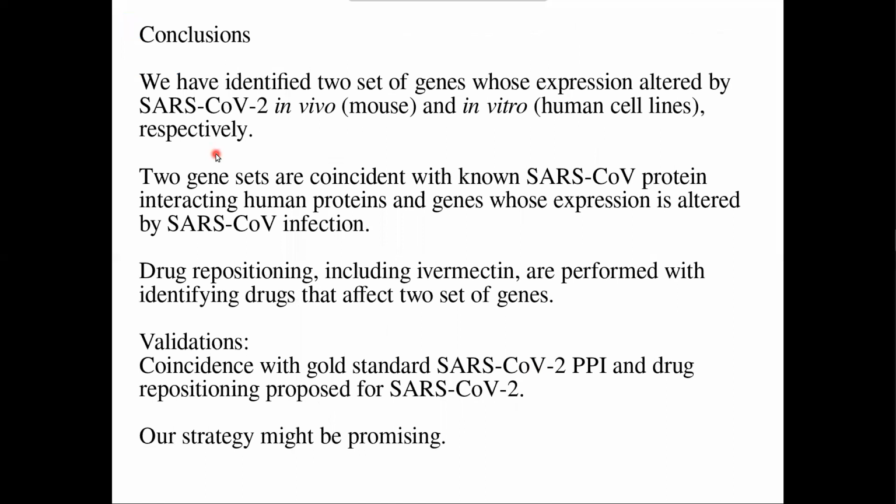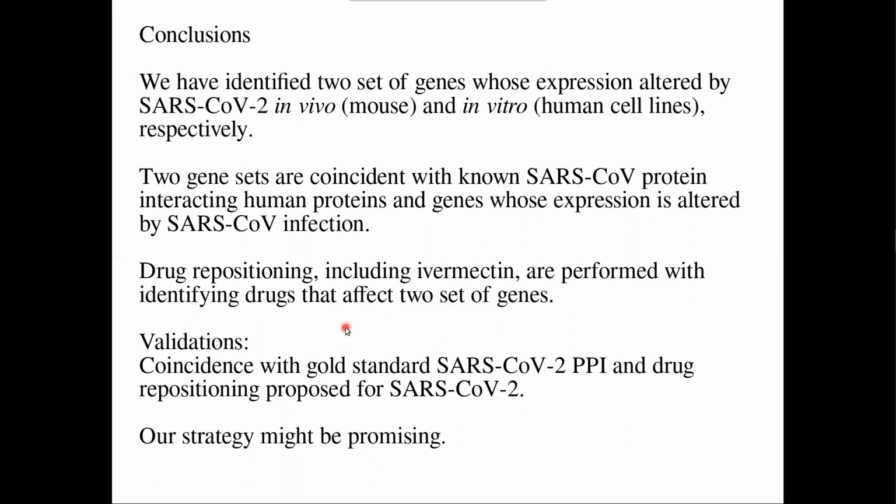The conclusions. We have identified two sets of genes whose expression is altered by SARS-CoV-2 in vivo and in vitro, respectively. The two gene sets coincide with non-SARS-CoV protein interacting human proteins and genes whose expression is altered by SARS-CoV infections. Drug repositioning, including ivermectin, was performed by identifying drugs that affect the two sets of genes.